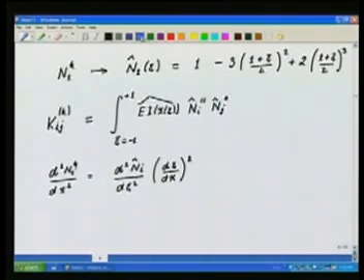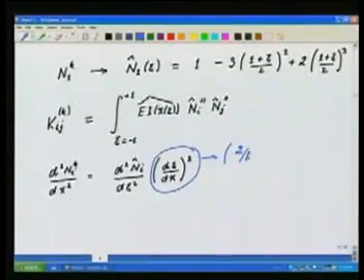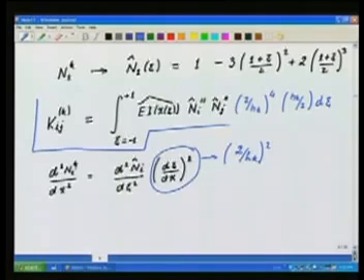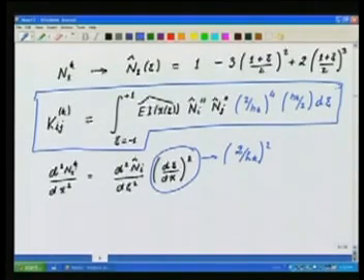So, this d psi by dx whole squared is nothing but, as we had defined the Jacobian earlier, 2 by hk whole squared. So, I will have here 2 by hk whole to the power 4, because for each one of them now the Jacobian d psi. So, this is what my Kij is going to look like at the element level.